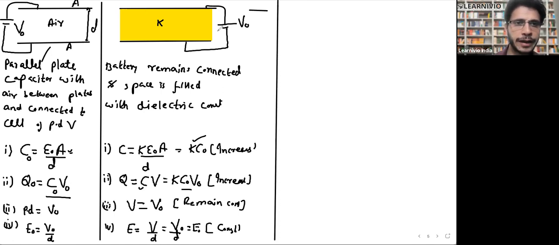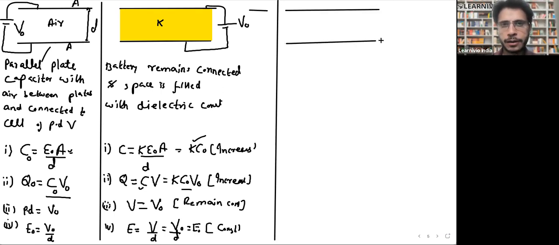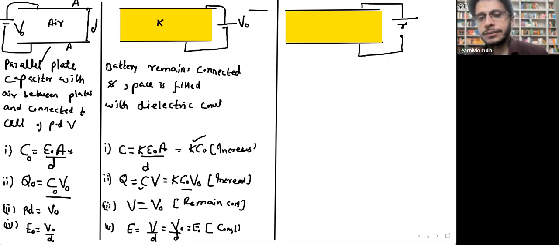instead of connecting the battery, he can disconnect the battery. So this is parallel plate capacitor. This is dielectric slab. This is cell, but you disconnected the cell.